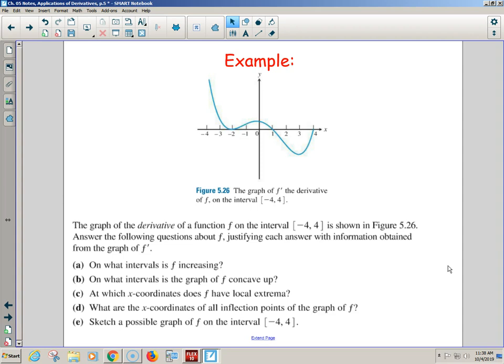So just find the place where f prime is increasing. It's not increasing at 0, it's still at 0, it's flat. Does that make sense? The slope is 0, it's not a positive slope. That means it's not increasing.